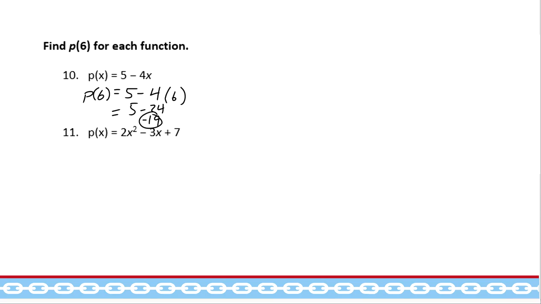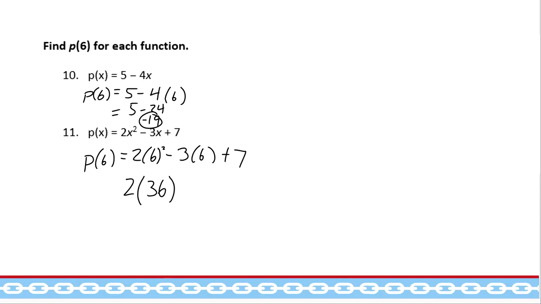For 11, we're asked to find p of 6 again of this new function. So 2 times 6 squared minus 3 times 6 plus 17. Not 17, plus 7. So just using some order of operations here, right? 6 squared is 36.